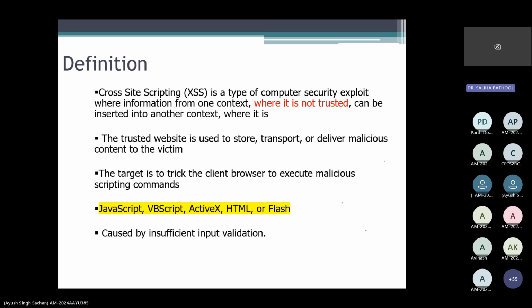The target is to trick the client browser into executing the malicious script through commands. How does the script travel? Using JavaScript, VBScript, ActiveX, HTML, or Flash. These are the types of scripts attackers use, and it is caused by insufficient input validation. That's why validation of input is very essential. So we need to be very secure before doing everything. The next slide.